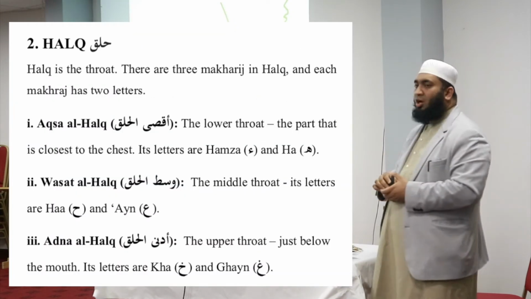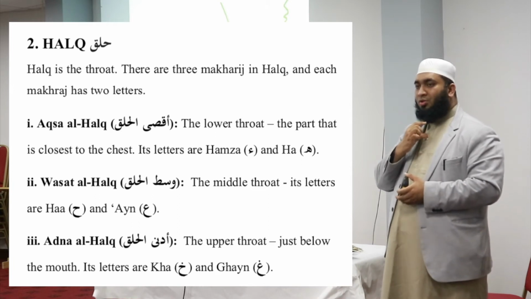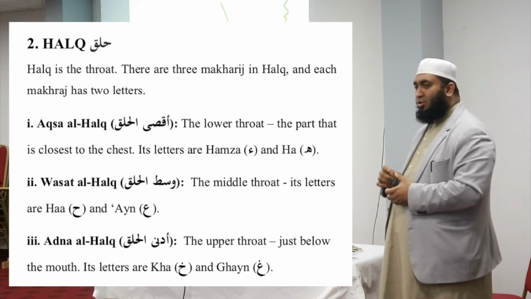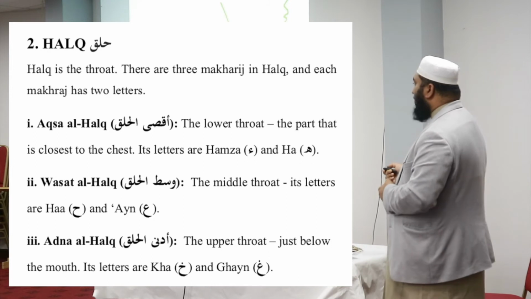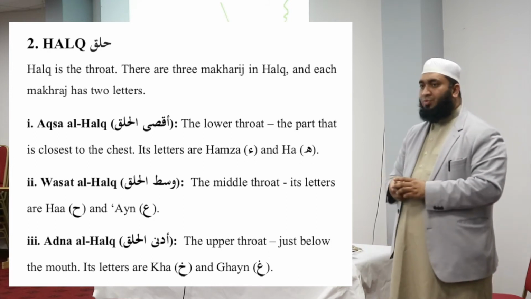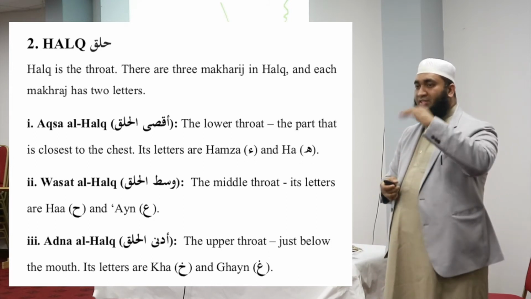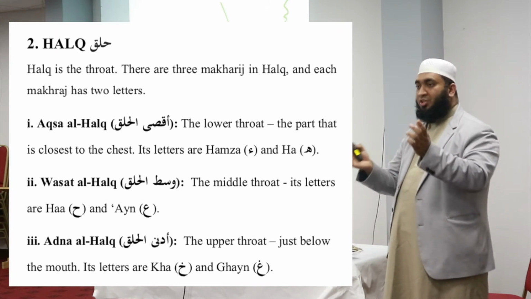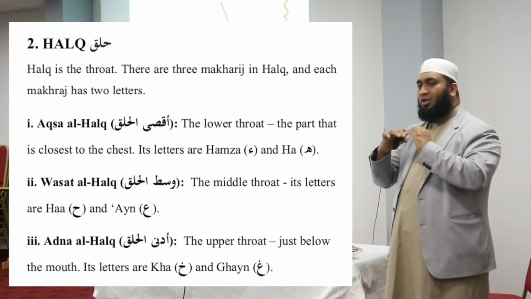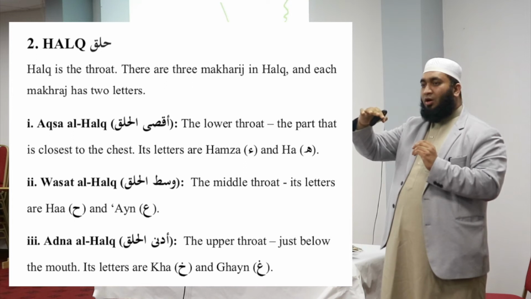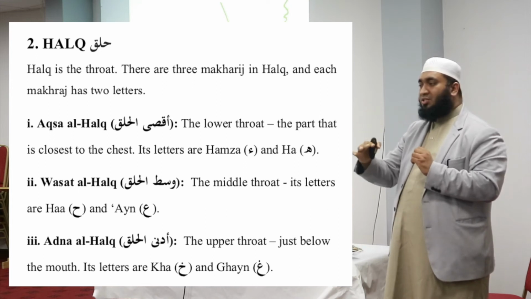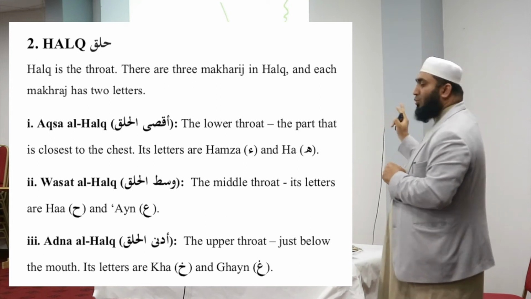Next one is called Halq. Halq is the throat. From Halq we have got 3 makhraj, which means 3 exit places. Halq is a station. So in one station there are 3 exits, and in each exit there are 2 letters.